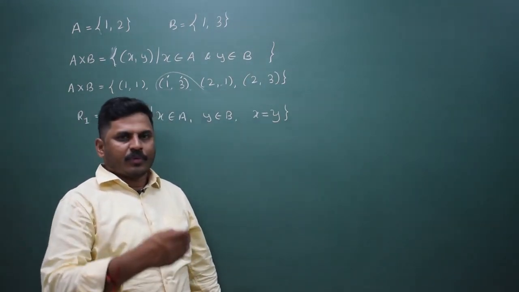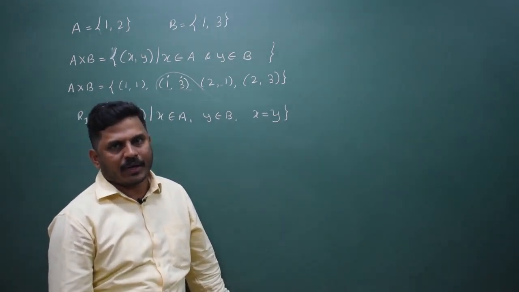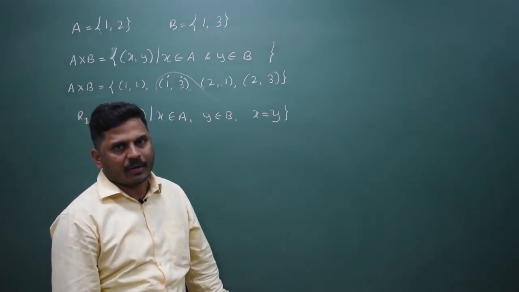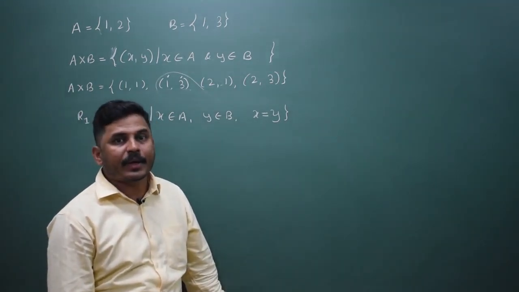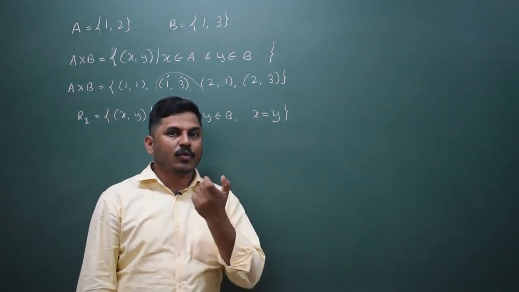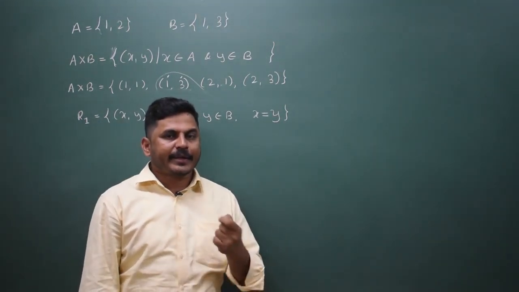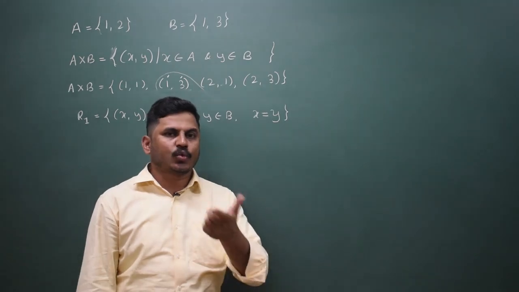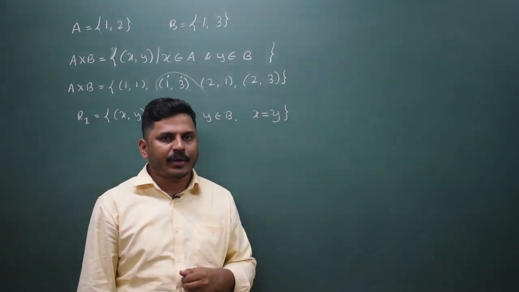Relation means human being relations ಇದೆ. X is a brother of y, X is a sister of y, X is a father of y, and all. But mainly we are concentrating on mathematical relation. Mathematical relation ಅಂದ್ರೆ ಏನು? Equal to, x equal to y, x is less than y, x is greater than y, x is 1 more than y, x is 2 less than y, x is divisible by y, x is a multiple of y, like that.